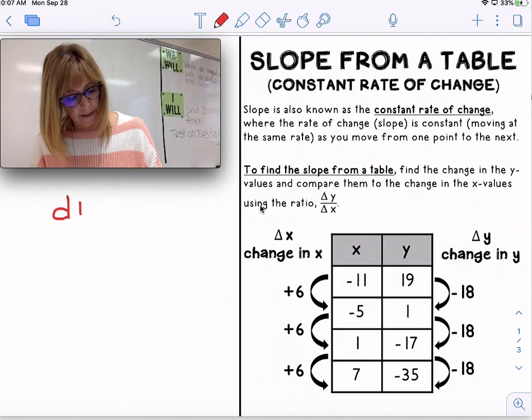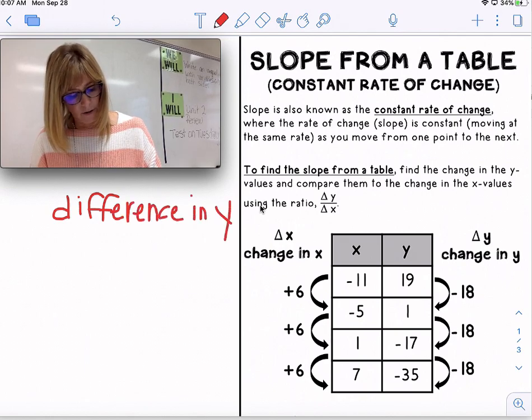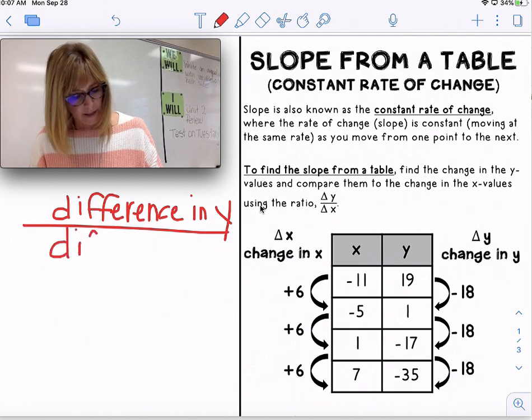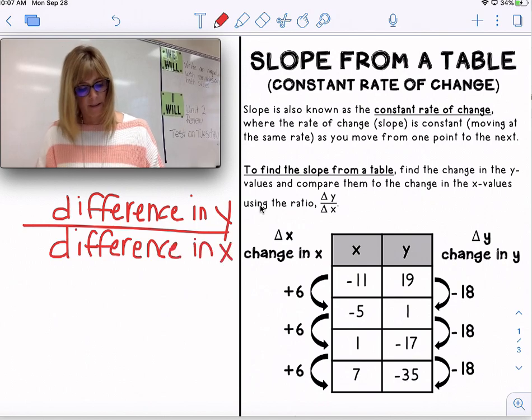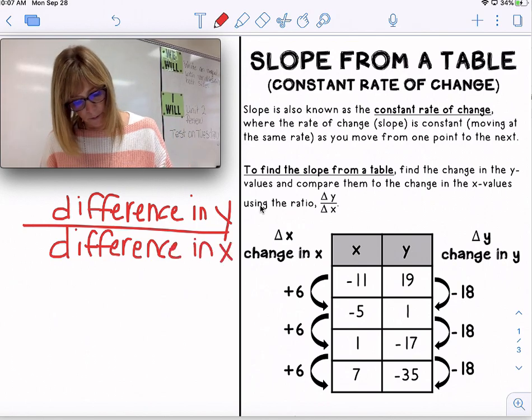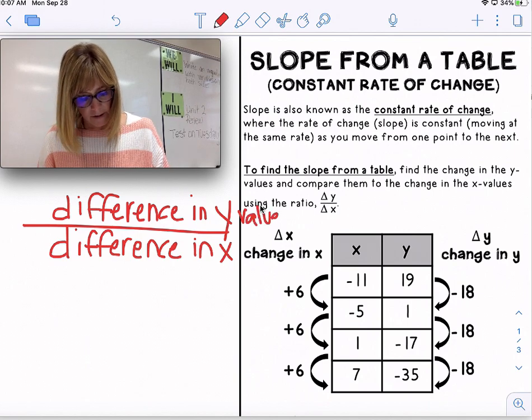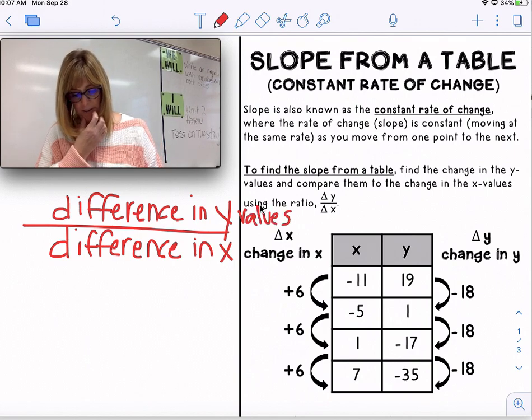Well, you just take the difference in the y values over the difference of the x values. Difference just means subtracting. Difference in the y values over the difference in the x values.